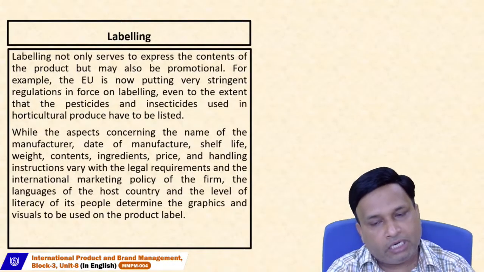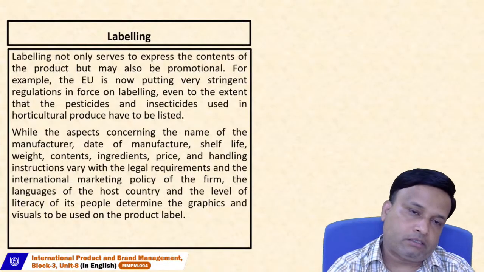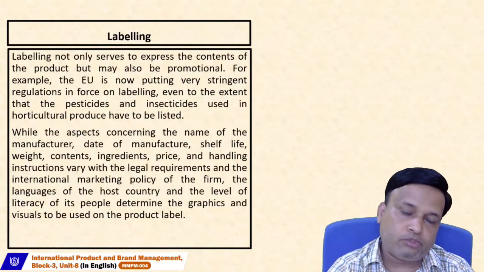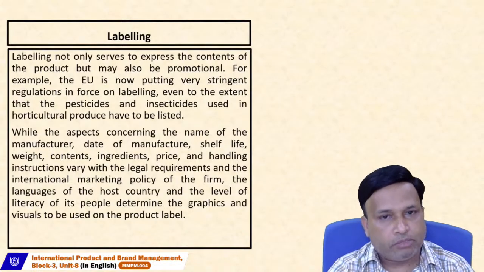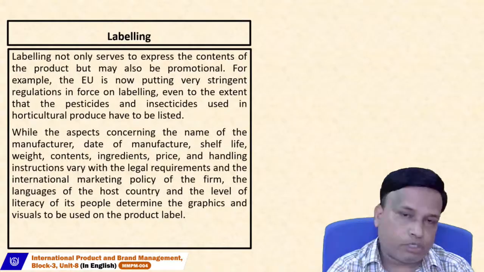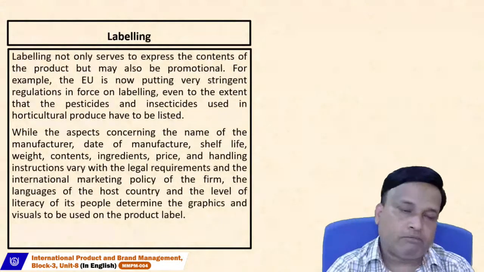There was a case against Maggi, and it had to rework its branding. Coca-Cola also suffered a lot because of the pesticide content. That is why companies are giving more importance to labeling.